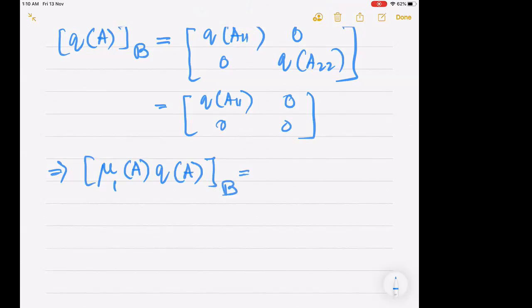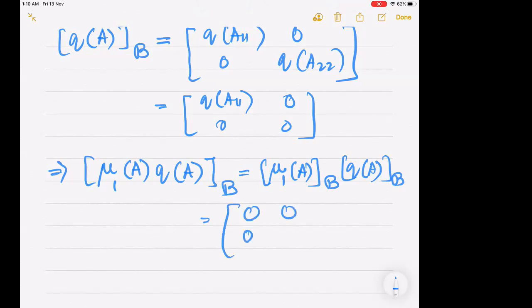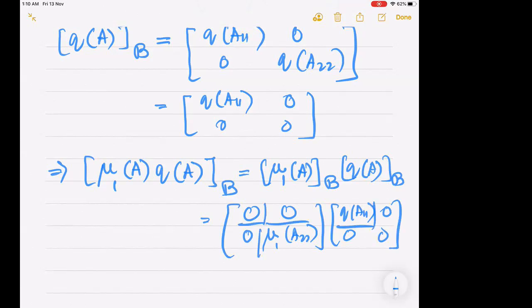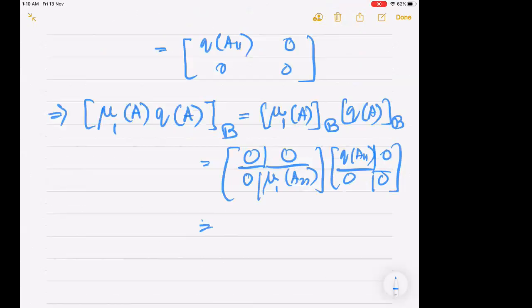This certainly would be mu1 A representation in B times QA representation in B, but mu1 A we know is 0 0 0 mu1 A22, and this is QA11 0 0 0, where this size is Q1 by Q1, this is K2 by K2. So this product is commensurate, and if you do the product, you get 0 0 0 0.